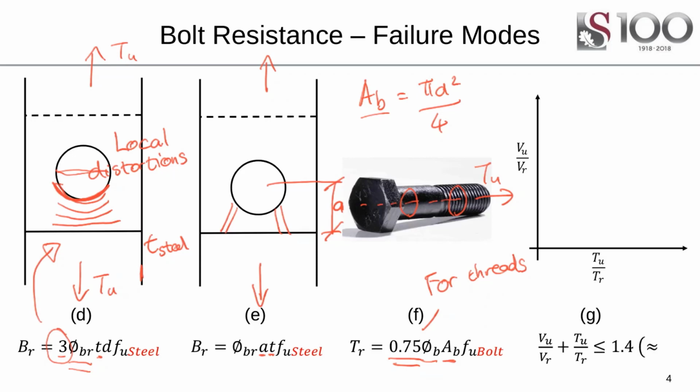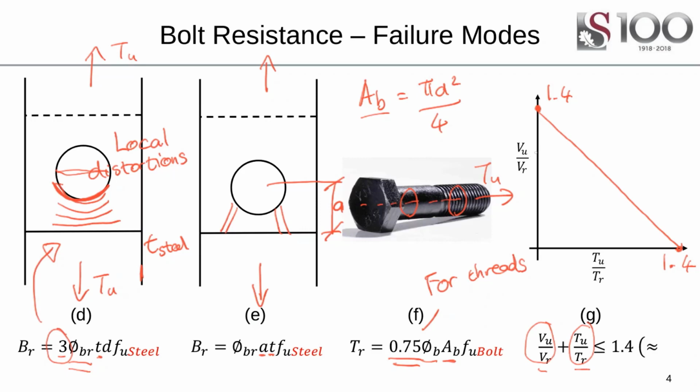Then the last check we have to do is when there's combined tension and shear. Here you check the ratio of the shear and the ratio of the tensile stresses. The maximum it'll go up to is 1.4 on either of these axes, and you would in theory draw a straight line between them, but what will happen is that when there's low shear or low tension, the other capacity will govern. So then it would either be the shear resistance on its own or the tension resistance on its own.